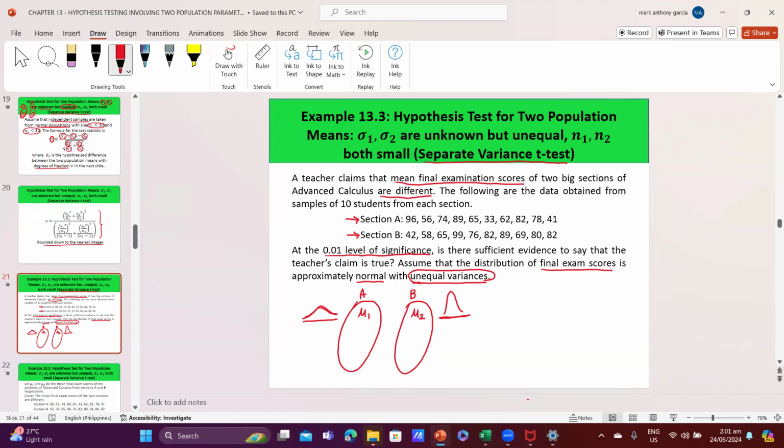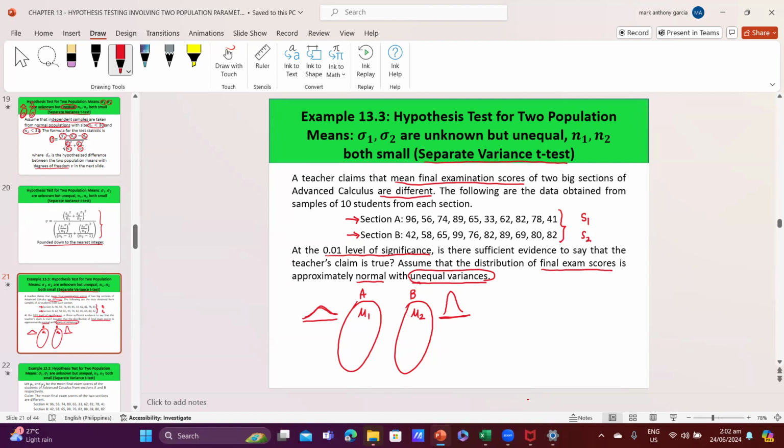And they are unknown because we don't have any information about the population variances and the population standard deviations. But since we're given the raw data, we can actually compute the sample standard deviations of the first and the second group. Now, since I mentioned earlier that we're going to use PHStat, we shall compute these standard deviations using the PHStat software.